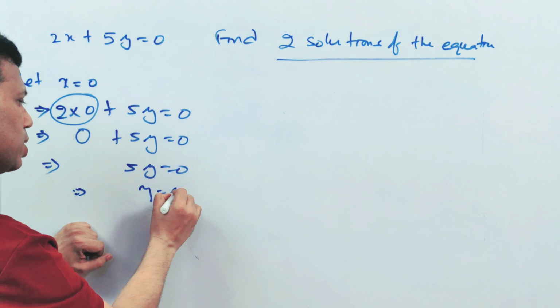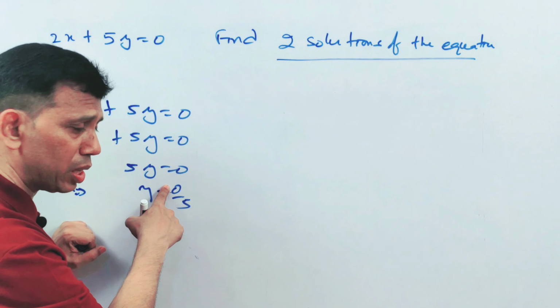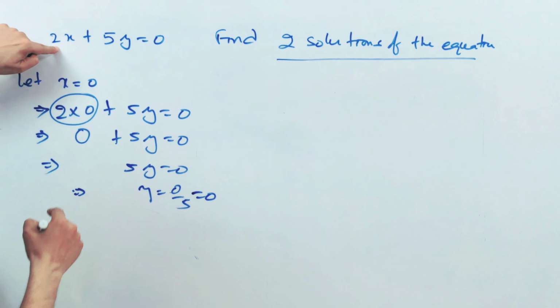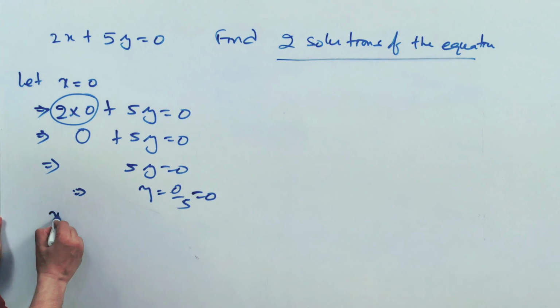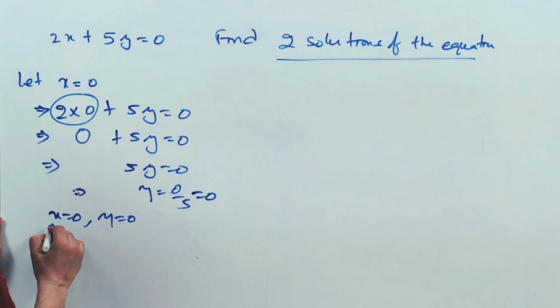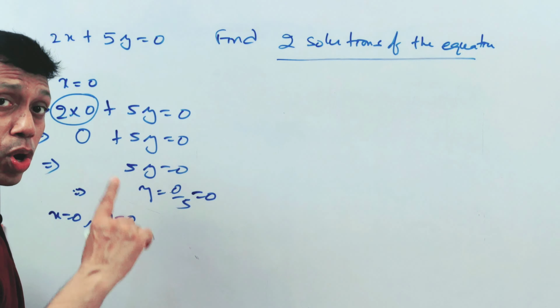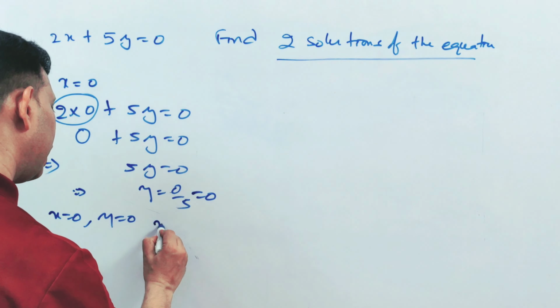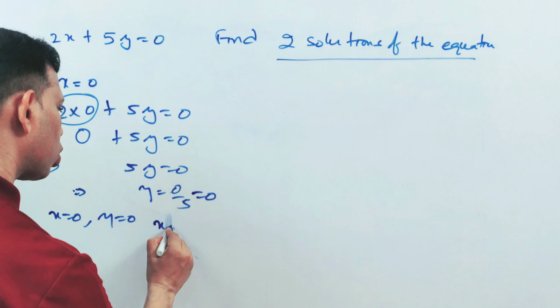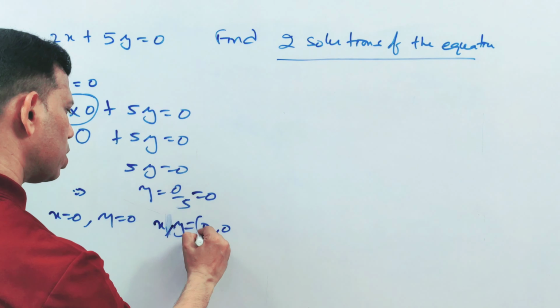This implies that y is equal to 0 by 5, because 5 is multiplied here, that is 0. If x is equal to 0, then y is also 0. X is equal to 0, y is equal to 0. This is one of the solutions, right? You got the values of the variables, or you can write x comma y is equal to 0 comma 0.